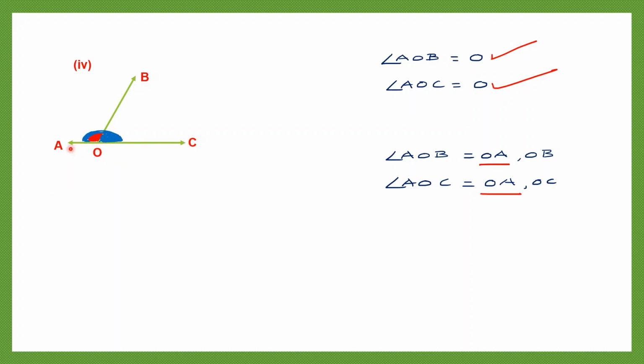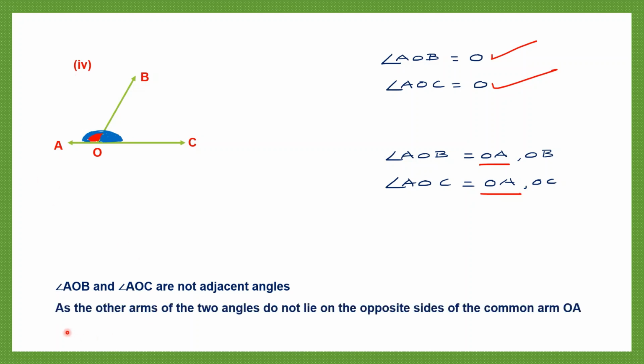But since it's on the same side here, these two angles are not adjacent angles. So let's write that. Angle AOB and angle AOC are not adjacent angles. And what is the reason? As the other arms of the two angles do not lie on the opposite sides of the common arm OA. So these two angles are not adjacent angles.